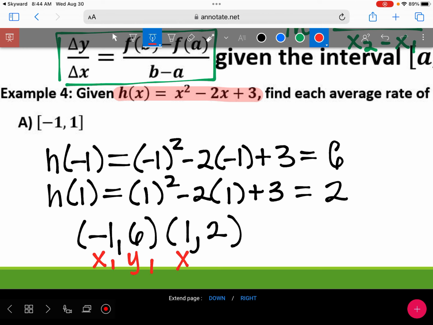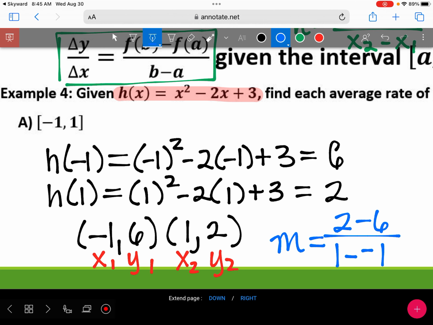Label them x1, y1, x2, y2, and find the slope. So your rate of change is going to be, and it doesn't matter which point I called point 1 and which one I called point 2, y2, 2 minus 6 divided by 1 minus -1.